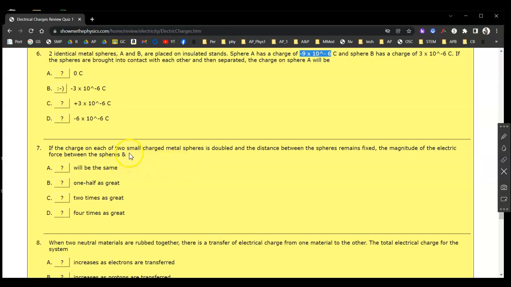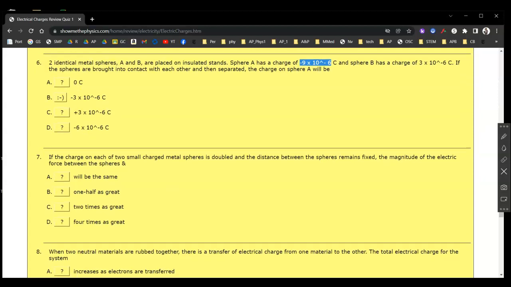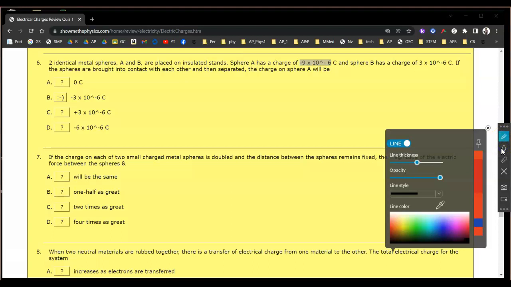If the charge on each of the two metal spheres is doubled, the distance remains the same. What about the force? Now, what you would have to do in the test is go to the reference table and find the equation that has force and charges. That's right here. Force equals K Q1 Q2 over R squared.